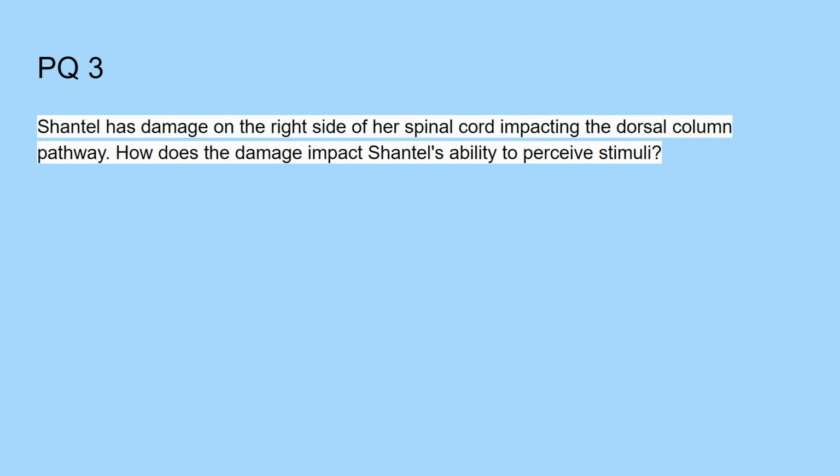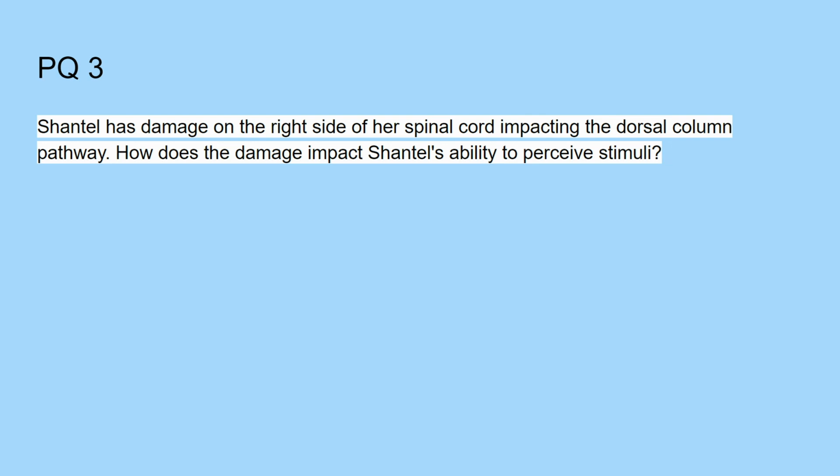Yeah. I was going to say since it's the dorsal column, that side doesn't flip. So since she has damage on the right side, it would affect anything that is on the right side. She won't be able to perceive it.